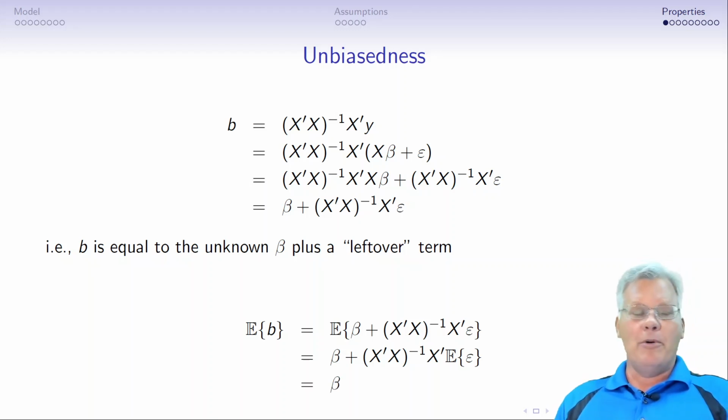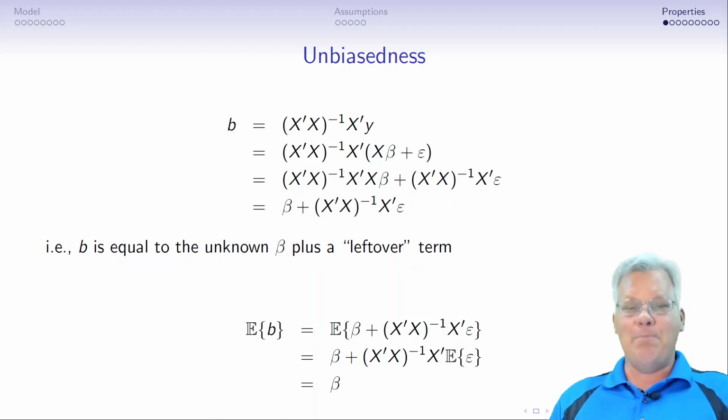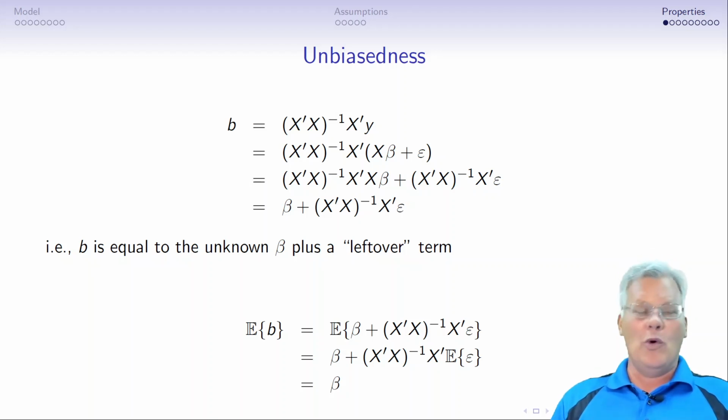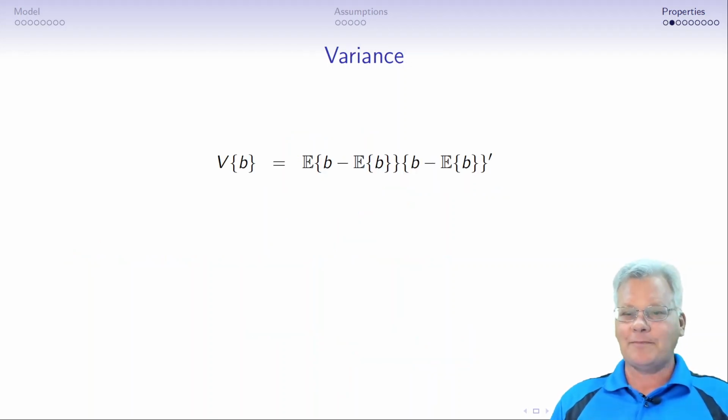But you will remember that by assumption A1, the expected value of the epsilons is a column vector of zeros, meaning that the expectation of B is beta, meaning that B is unbiased. The OLS estimator is unbiased.